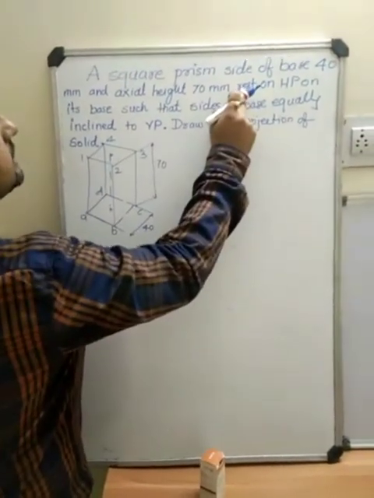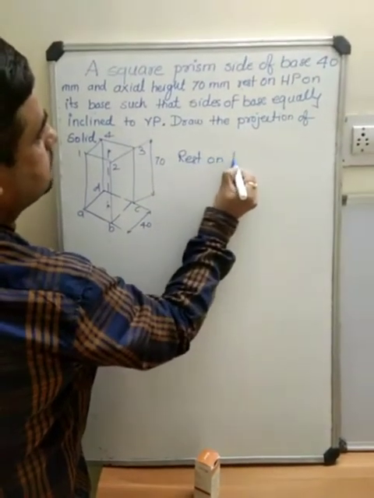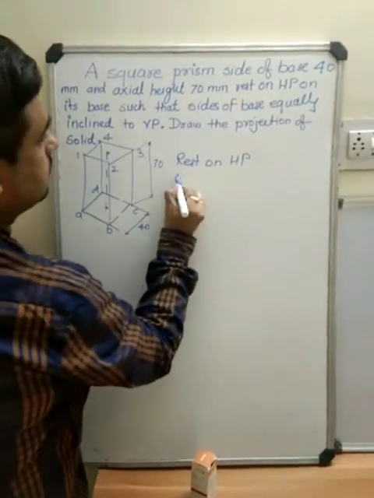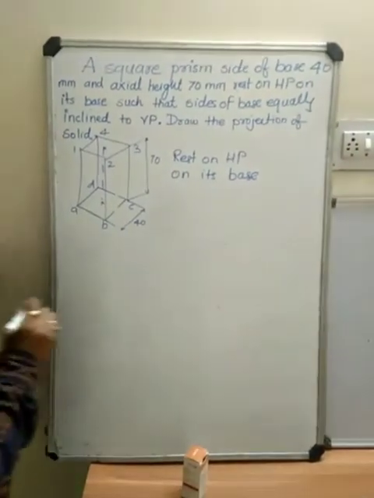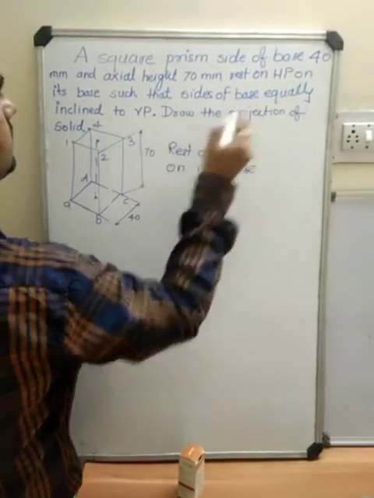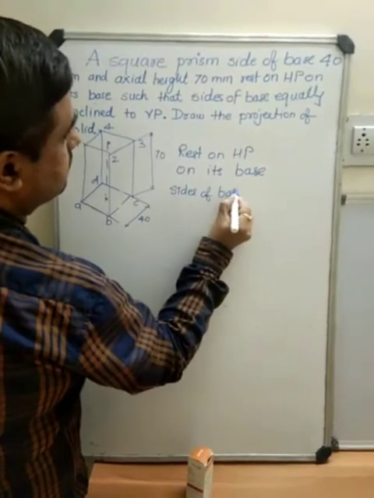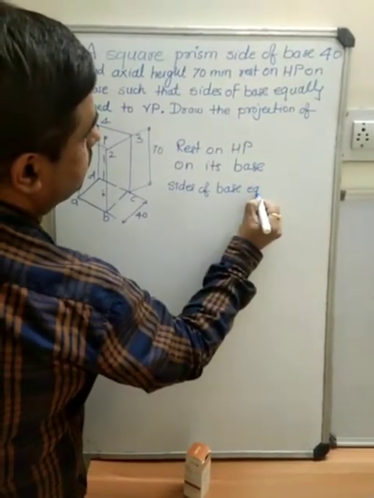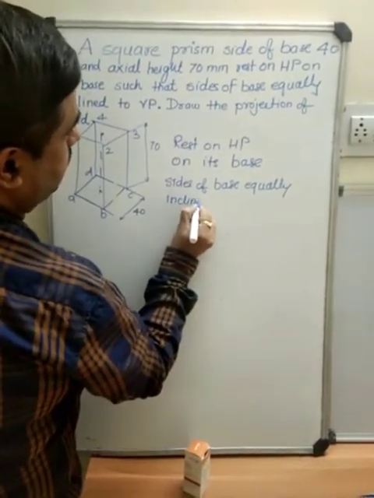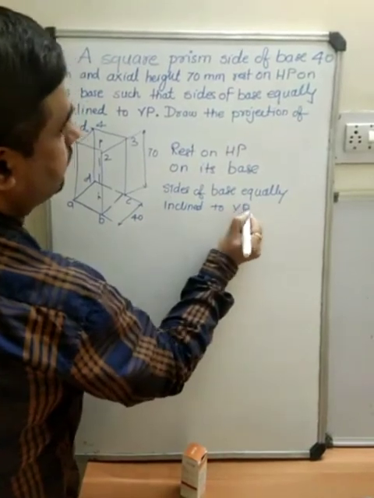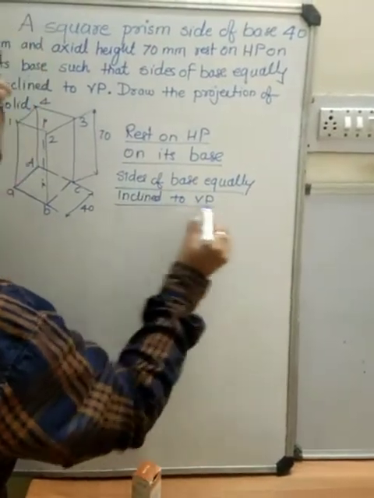Now the conditions given: rest on HP on its base, and sides of base equally inclined to VP. Now this is the condition: rest on HP, on its base, and sides of base equally inclined to VP.